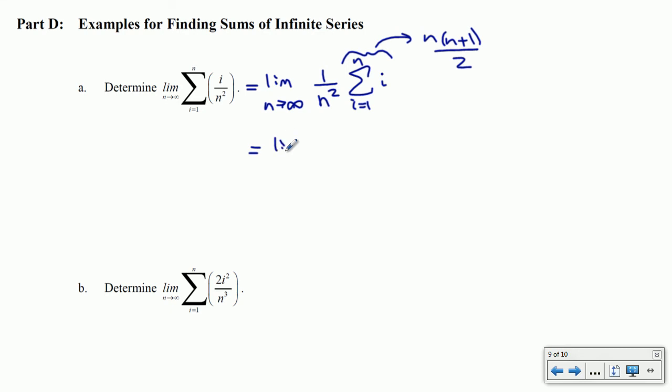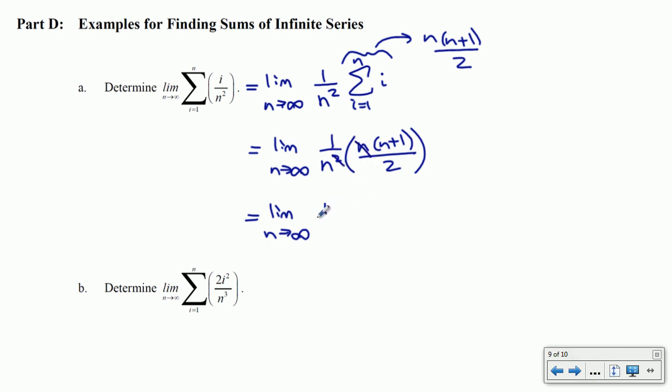So next we're going to go limit n approaches infinity, 1 over n squared times n times n plus 1 over 2. And we can clean this up a little bit. So inside here it would be n squared plus n. And if we're dividing that whole thing by n squared, maybe what we could even do is get rid of that and one of those.